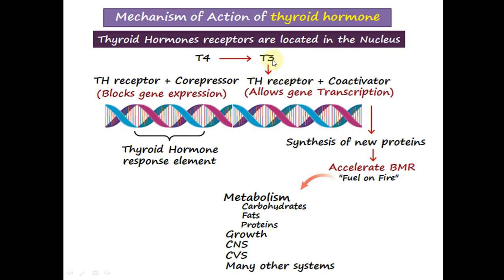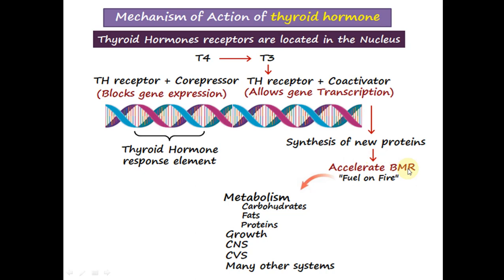And when T3 binds to its receptor, the co-repressor molecule detaches and another molecule known as the co-activator molecule binds to the TH receptor and T3 complex, and this will now activate the gene expression and will lead to the synthesis of structural and functional proteins, and these proteins will accelerate the basal metabolic rate.